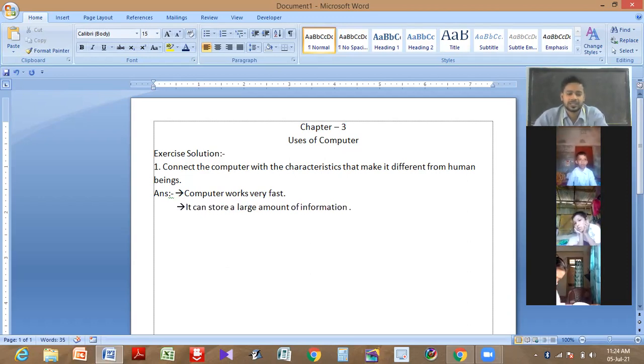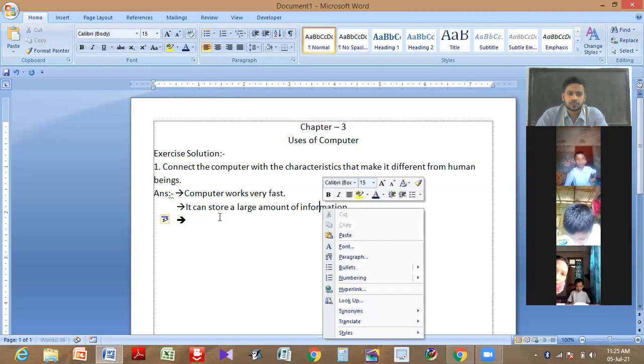Now let's see if there is any other striking feature of a computer. After C, number D, it gets tired very soon. No, a computer never gets tired. So that one is not a characteristic of a computer. After that, it can do many things at the same time. Yes, a computer can do many things at the same time.